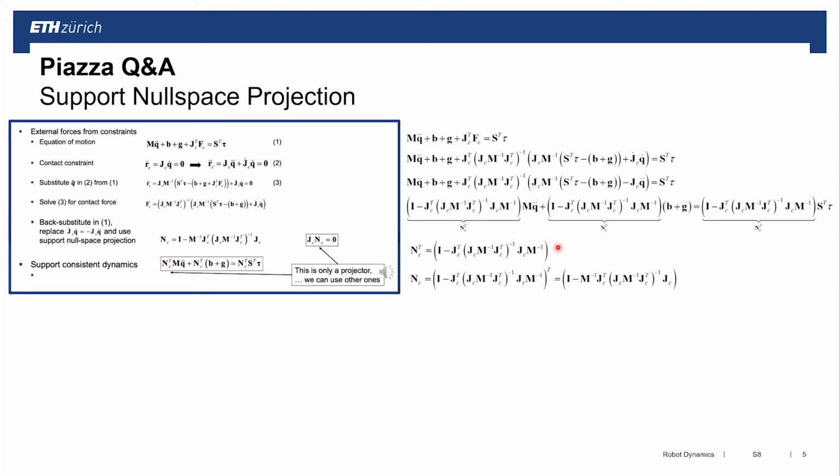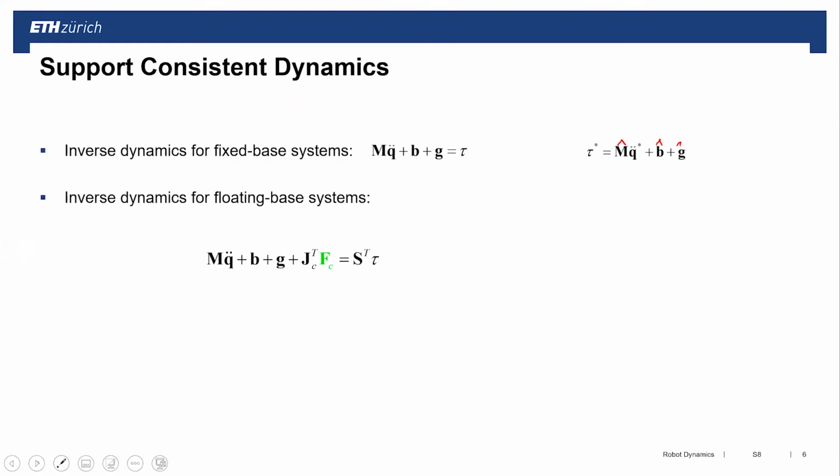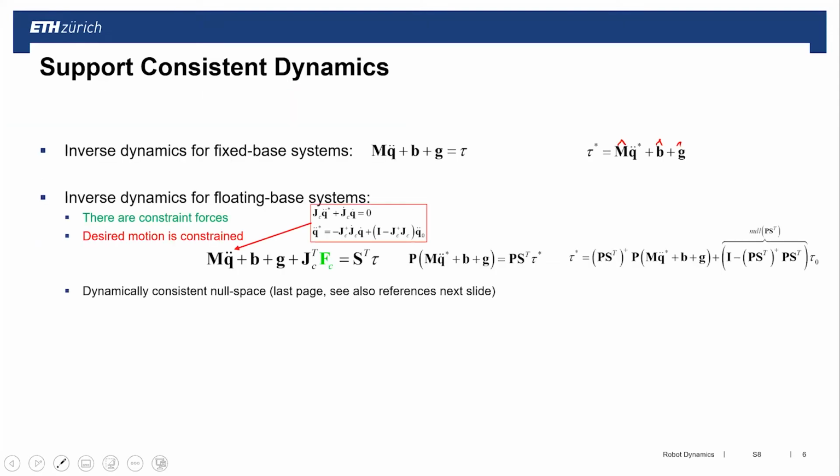And this NC transposed was given by this one. So no magic, it was only substituting the constraints and the equations of motion. So in other words, the dynamically consistent null space projector, which is one possible null space projector, is this one. We know that one works.